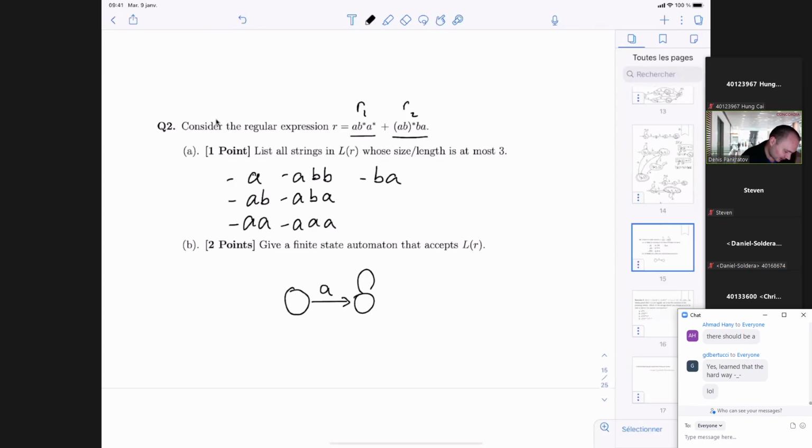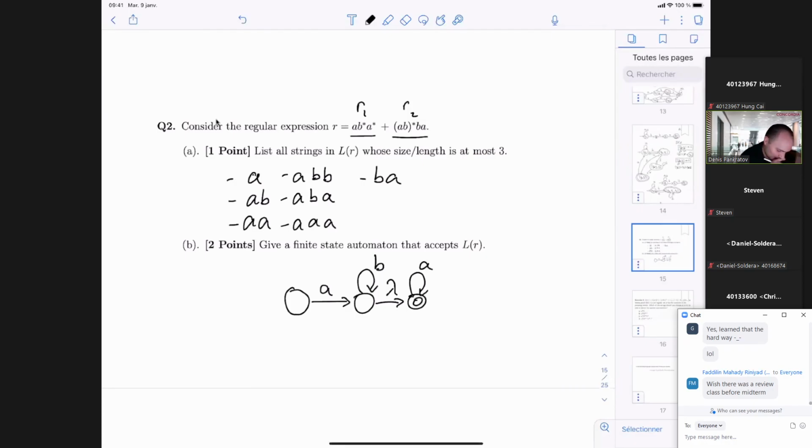Then we can have any number of B's, which is a self loop here. And we can also have a lambda transition, and we can have any number of A's, and then we accept like this. That is corresponding to L of R1.